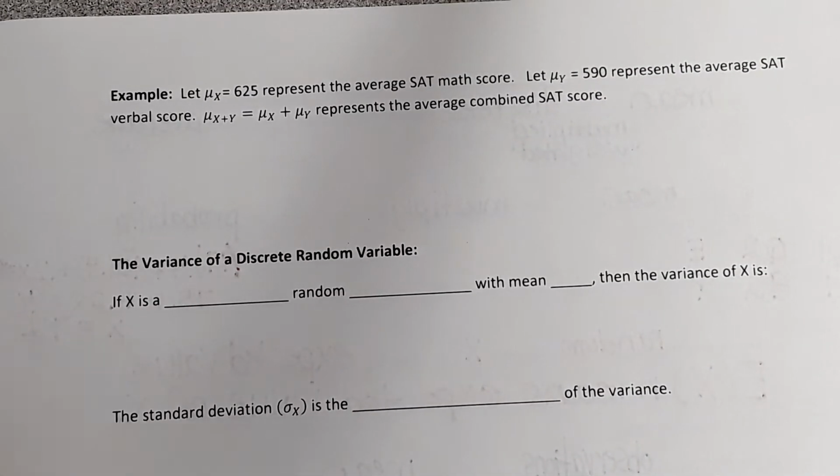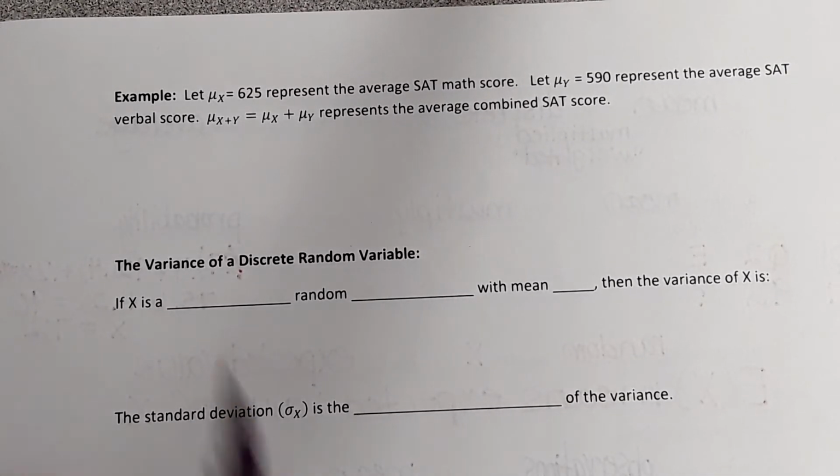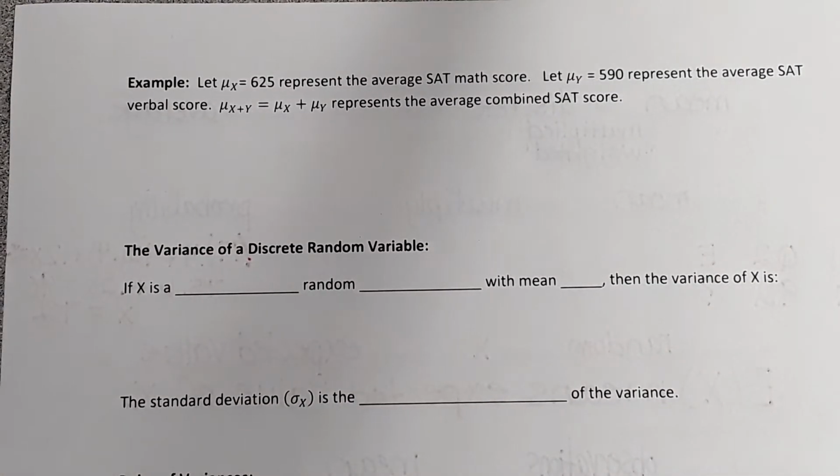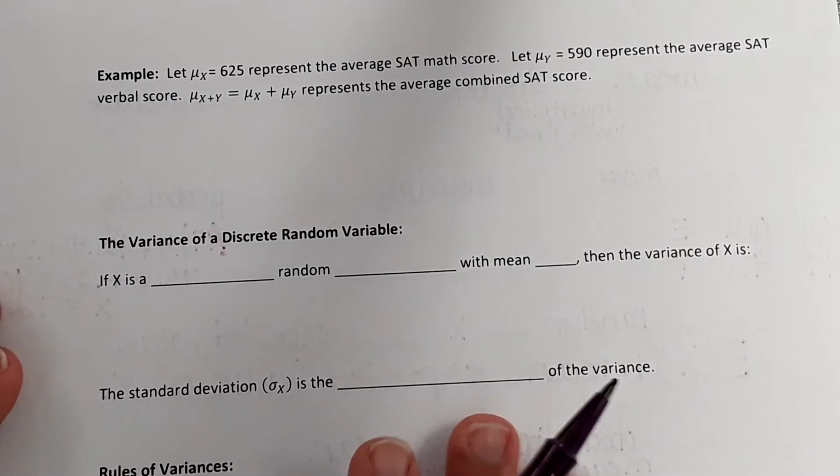Okay, here we go. So you got a 625 on the math. You got a 590 on the verbal. I want to know the combined. You guys, how many of you have done this before?